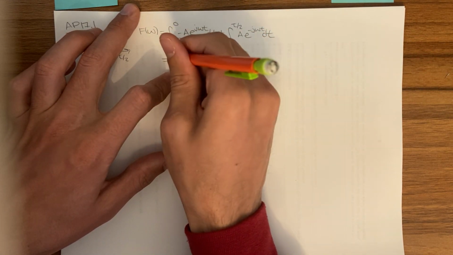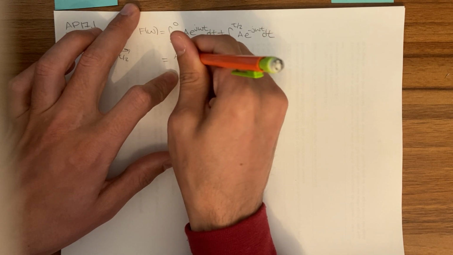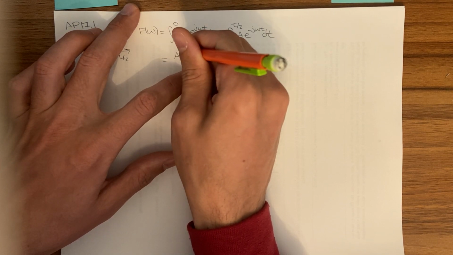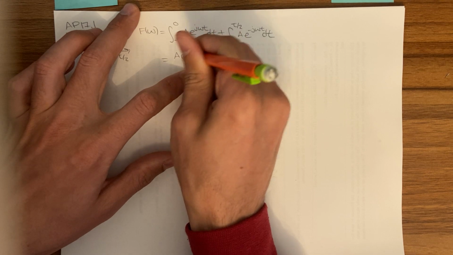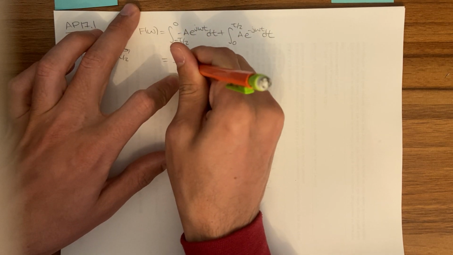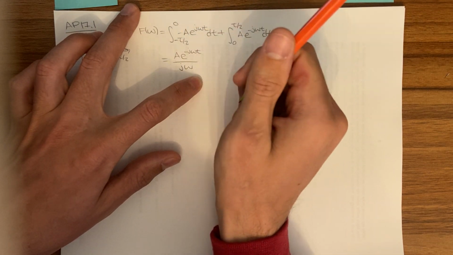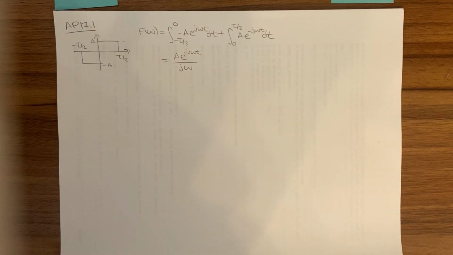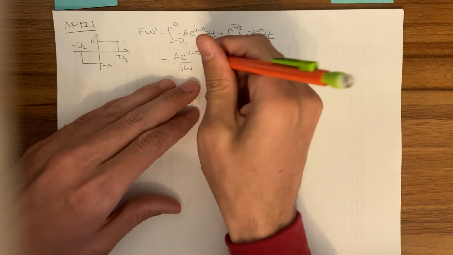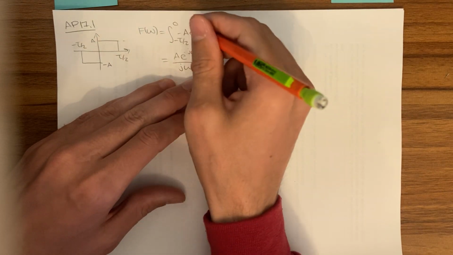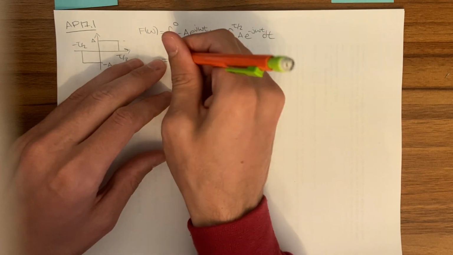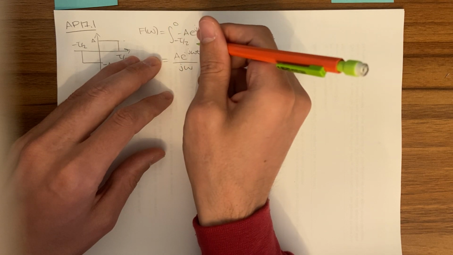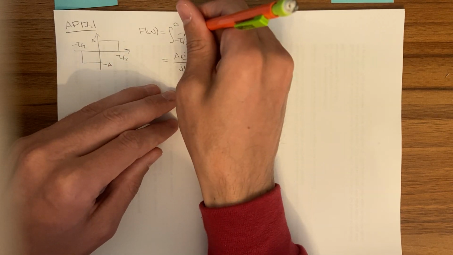So we can do these integrals pretty easily. So we end up with a times e to the j omega t all over j omega. Wait, no, I still need that negative.